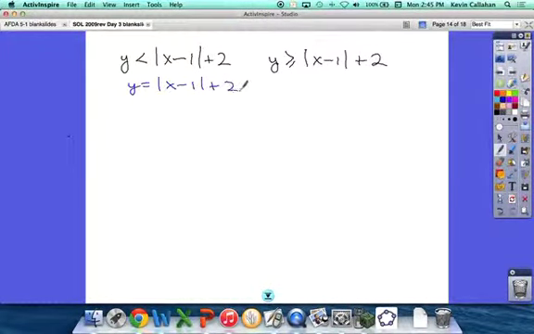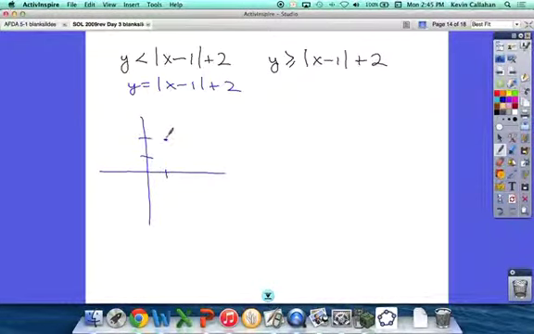Right? And what is the shape of that graph? Absolute value. It's a V. But it's shifted how? -1 inside means right 1, plus 2 outside means up 2. So you would shift a V right 1, up 2.